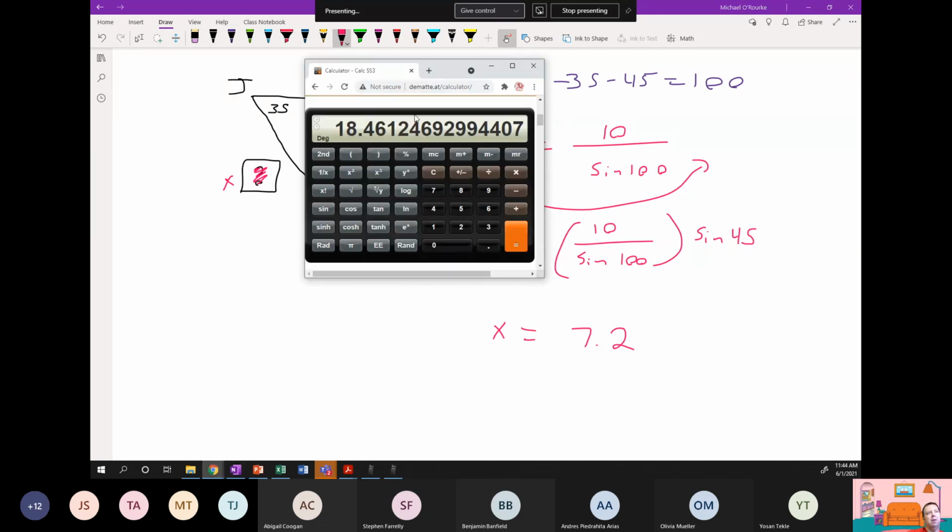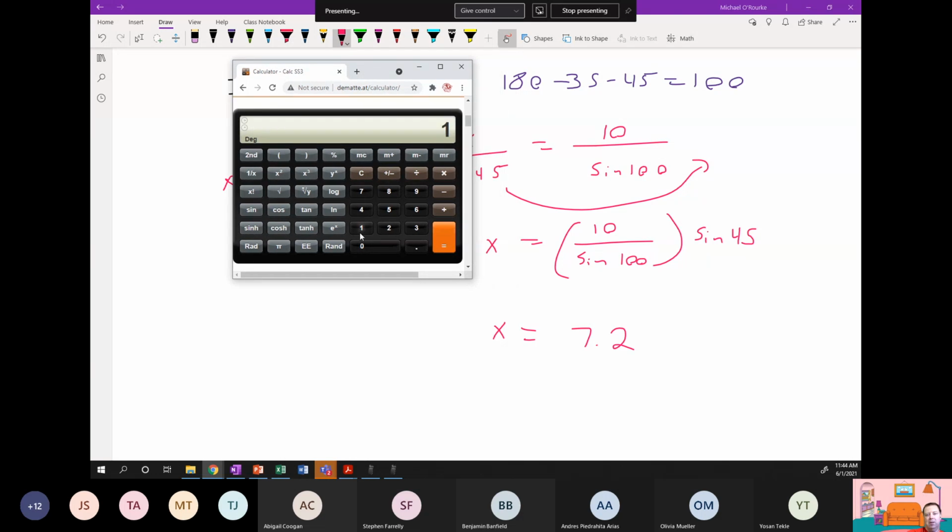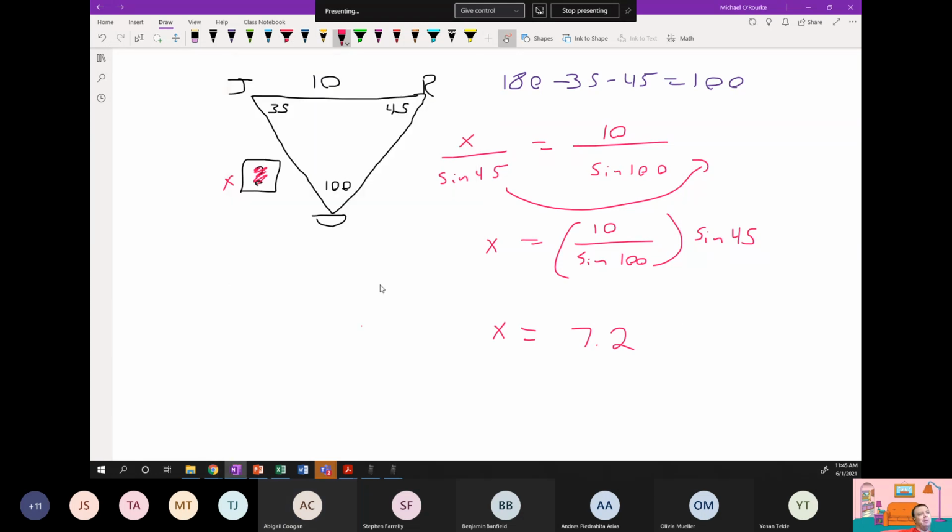Want me to work through it with you? So 10 divided by sine 100, equals, and then multiply by sine 45, and press equals. Okay, yeah, I got 7.2. I have no clue how you got to 14. You might have timesed it by 2 somehow. Honestly, me neither. Okay, no worries.